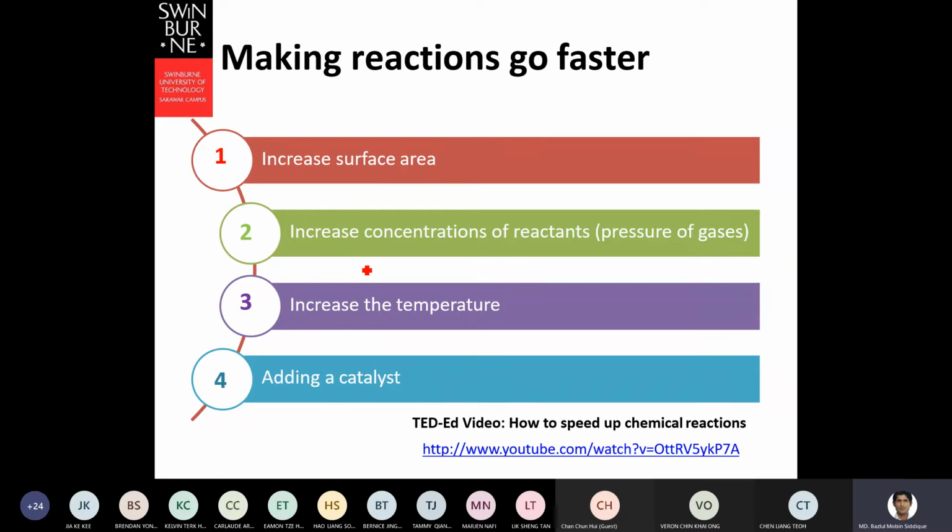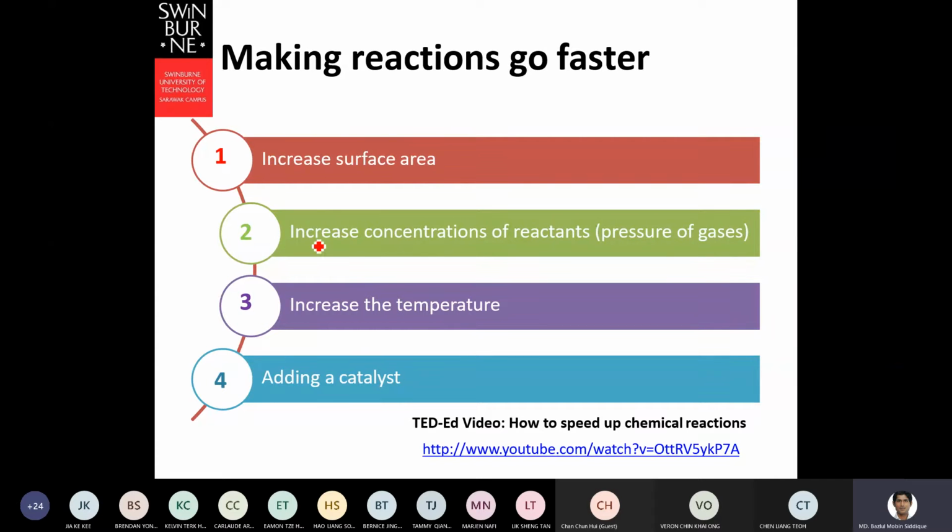That means more energy can be produced, making it easier to cross over the activation energy barrier and produce products, so the reaction rate will increase.